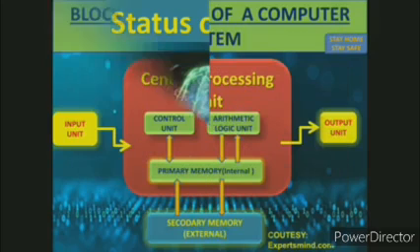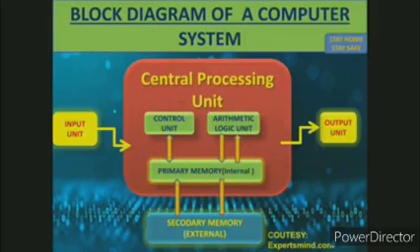Now, to understand the importance of a CPU, it is better to go through the block diagram of a computer system. If you go through the chart, from left to right we have the input unit, the processor, the output unit, and the fourth component, the memory, whether permanent, external or internal. With the input unit we get the external input.